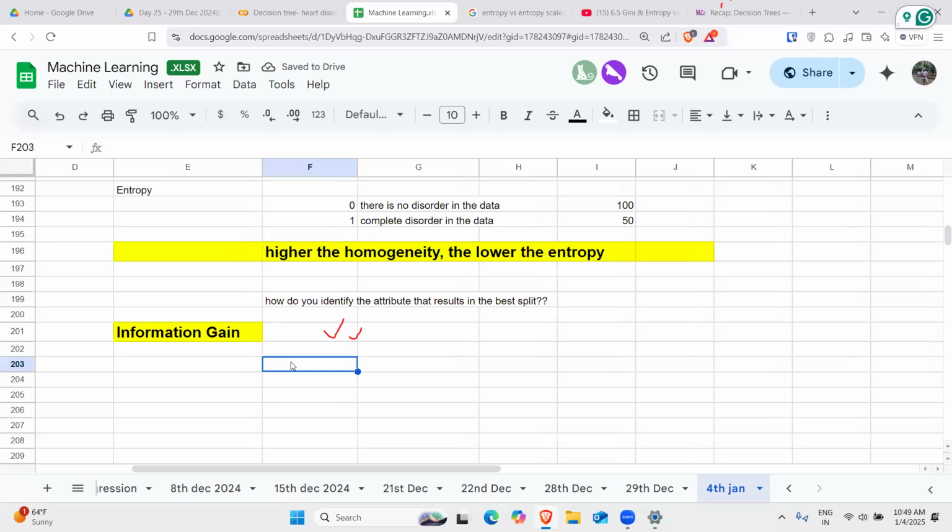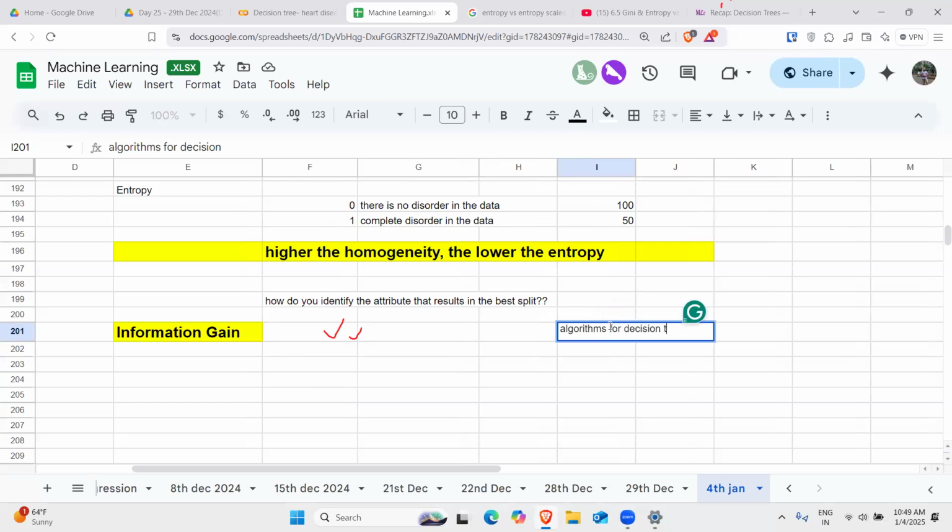Before this, you should understand, and it is also beyond the scope of your syllabus, but I'm just adding it, that you have the CART model, you have the C4.5 model. Anyway, this is not important for you guys.